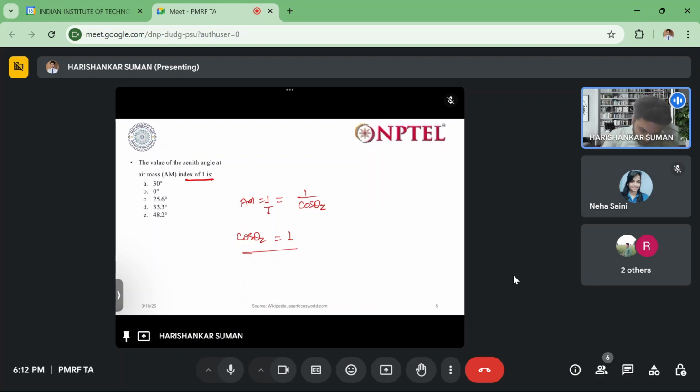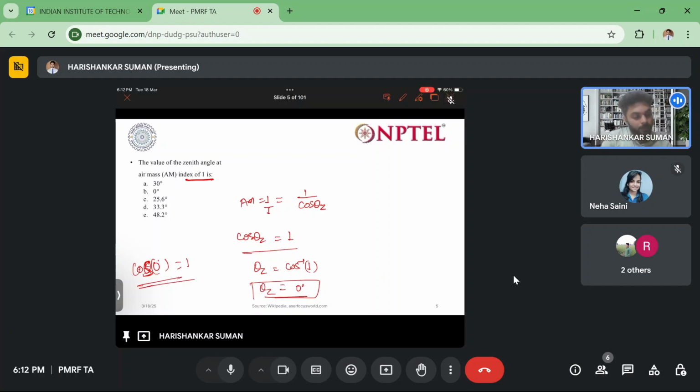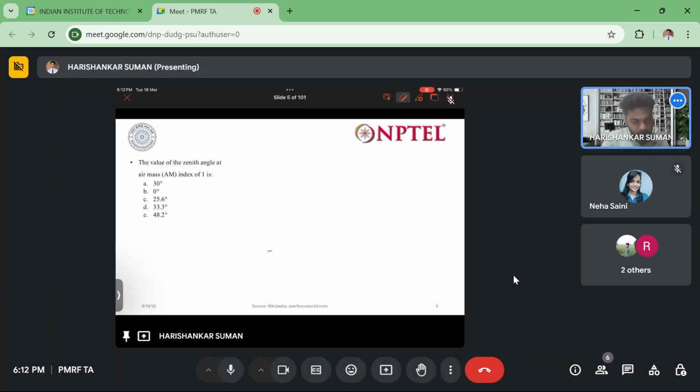What is the value of theta z equal to cos inverse 1? This will be 0 degree. Cos 0, you know, cos 0 equal to 1. Okay, so this is the procedure. You can calculate the air mass coefficient. If the index is given, then you can easily calculate the theta.